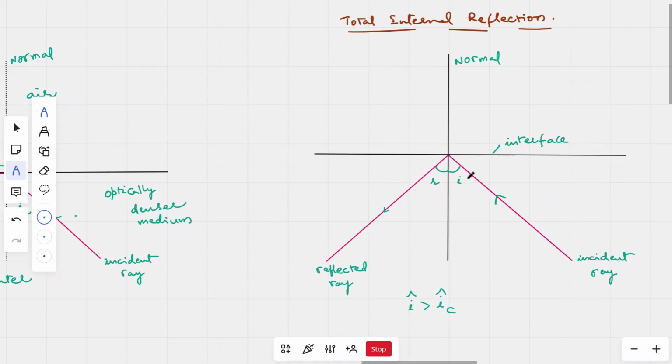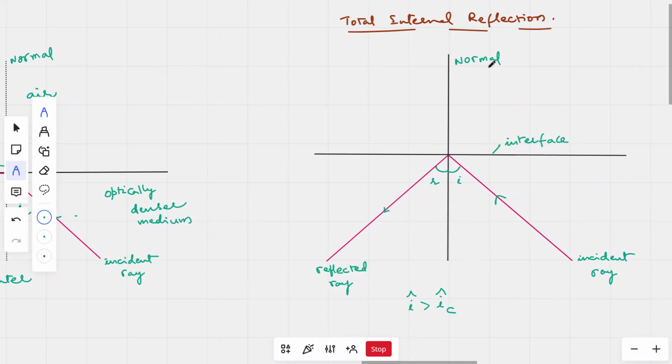Okay. That means angle of incidence is equal to angle of reflection. And the incident ray, reflected ray, and normal drawn to the surface will all lie in the same plane. These are the laws of reflection. The incident ray and the reflected ray obey the laws of reflection. Only thing is here, the refraction will not take place, only reflection takes place.